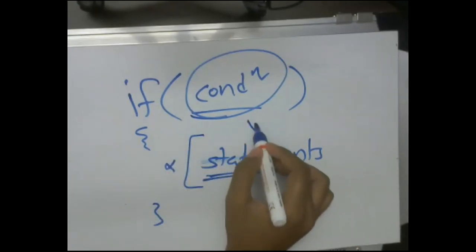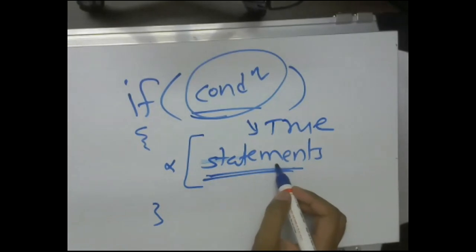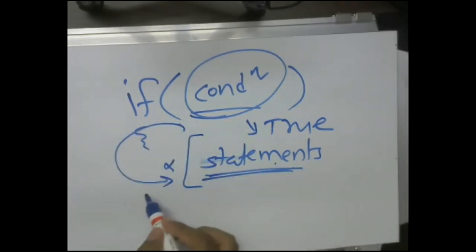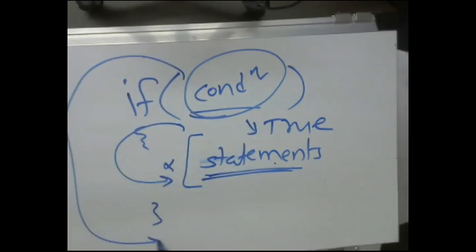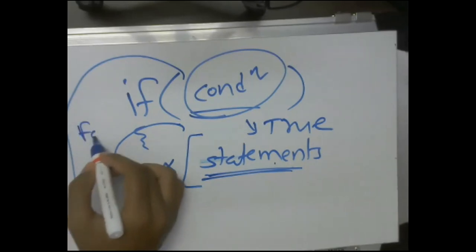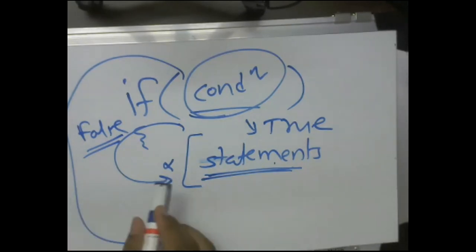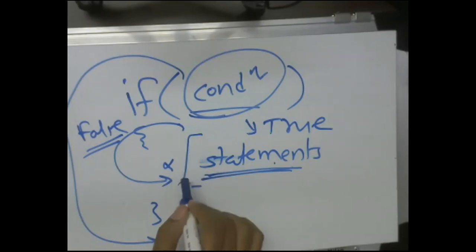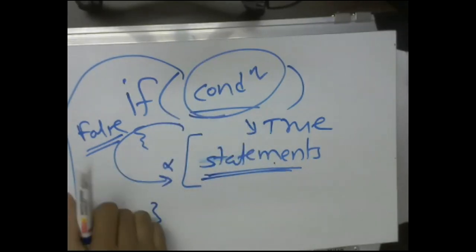If this condition is true, then only the statements get executed; otherwise it does not get into this block, and it will go directly out of this block if the condition is false. So in a program, if you want some statements' execution to depend on a condition, then we can use the if statement.